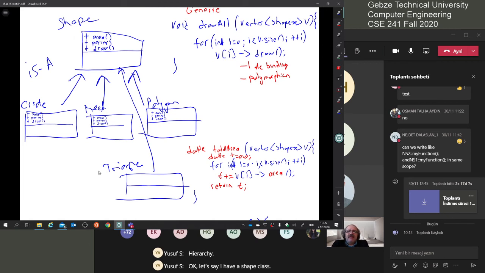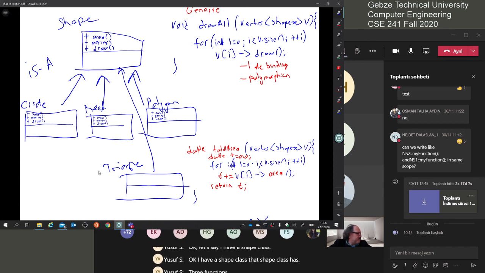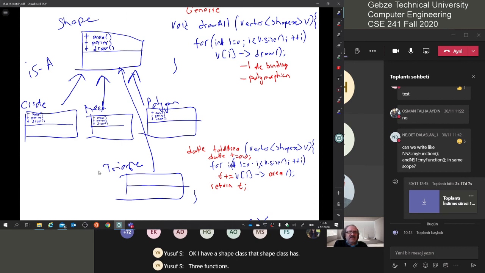That shape class has 3 functions: one is area, the other one is perimeter, the other one is draw. Shape is like a 2-dimensional shape, like circle, rectangle, polygon, or triangle, doesn't matter. Later I'm going to use this base class shape to derive new classes.